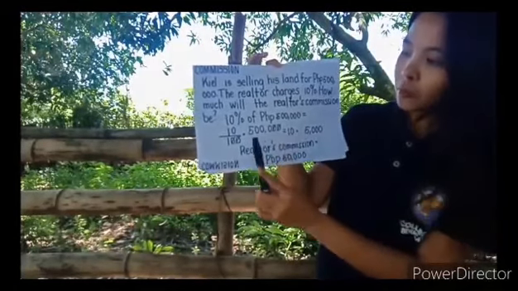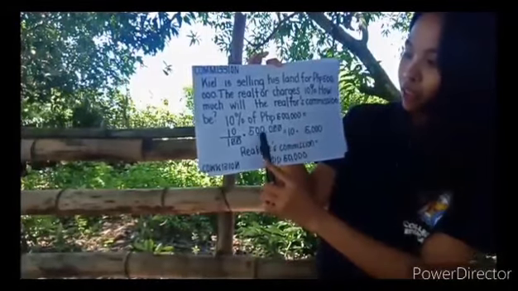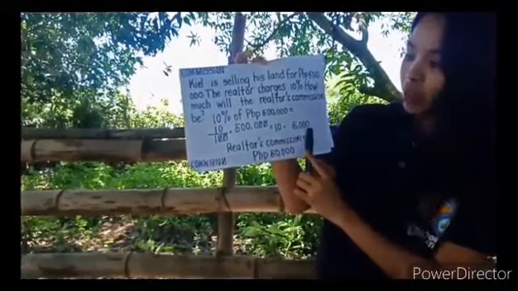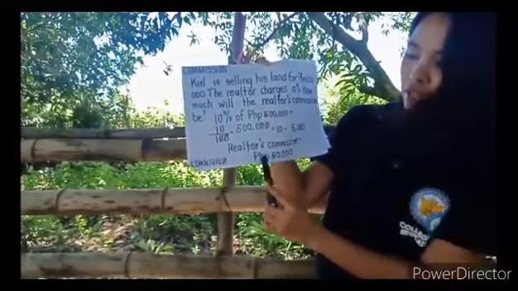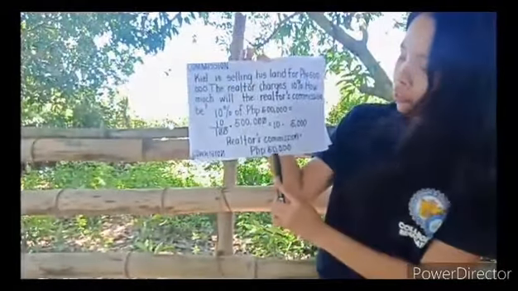So 10 times 5,000 is equal to 50,000 pesos. So the realtor's commission is equal to 50,000 pesos.